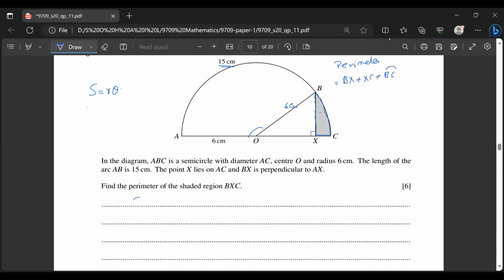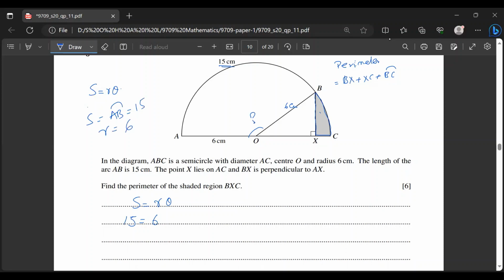So S equals R theta means the arc length, which is 15, is equal to R, which is 6, times theta.